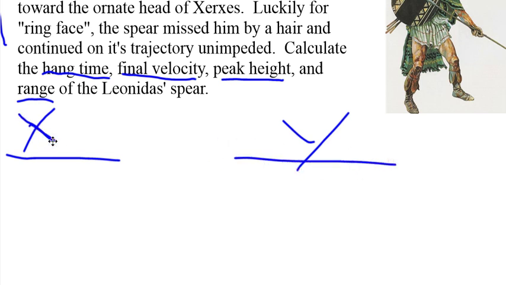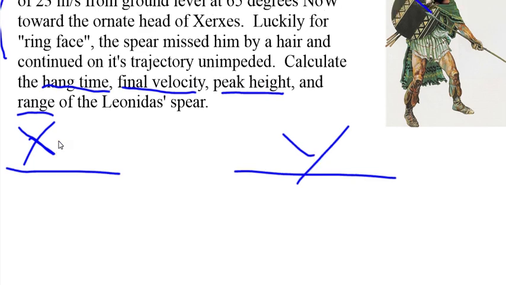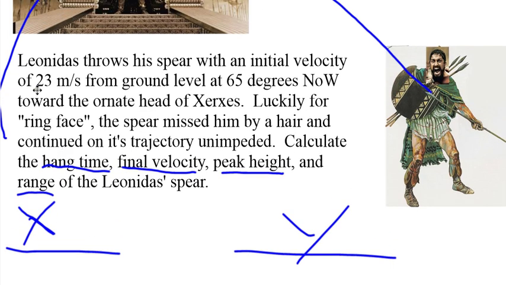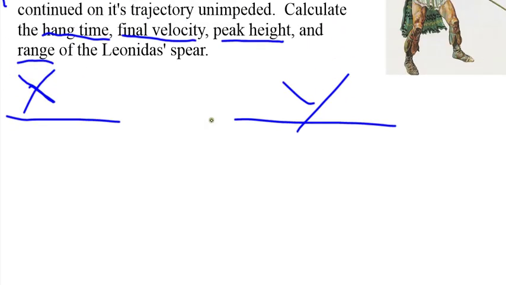All right, so what do we know first? We are told the initial velocity and the angle. So we want to draw out our vector. In this case, it is a non-perpendicular vector, so we're going to have an x component and a y component, and that should be straight up and down, like that.